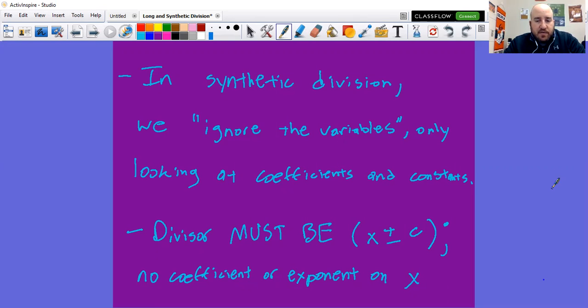The divisor, the thing you're dividing by, must be x plus or minus a constant. You can't have a coefficient or an exponent on whatever your x is, your variable is. In reality, you can actually do it if you had a coefficient, like 3x minus 5, with the 3 out in front of x.